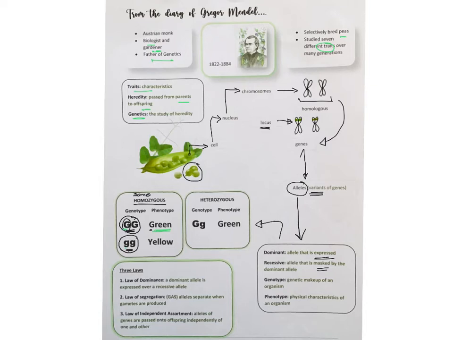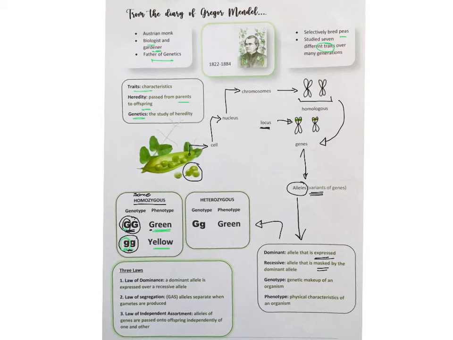In this case, there is no dominant allele masking the recessive allele. So it will be the only situation where your recessive characteristic is actually expressed. So this will be a yellow pea.